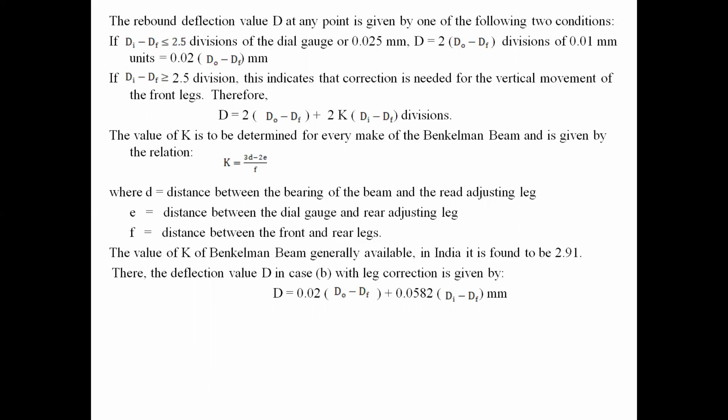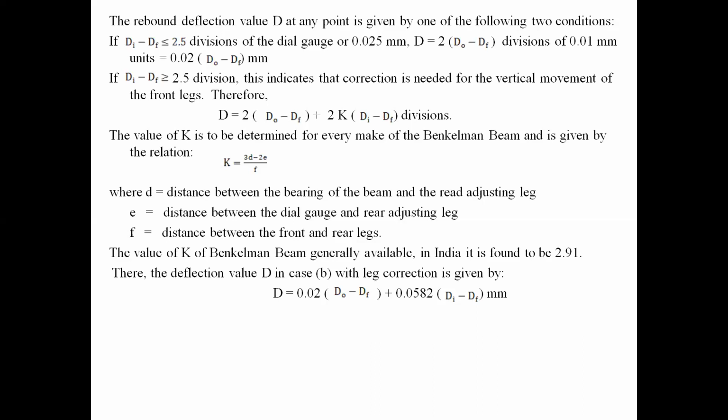Here, K is to be determined for every Benkelman beam, and it is given by the formula (3d minus 2e) divided by f, where small d is the distance between the bearing of the beam and the rear adjusting leg, small e is the distance between the dial gauge and the rear adjusting leg, and f is the distance between the front and rear legs.